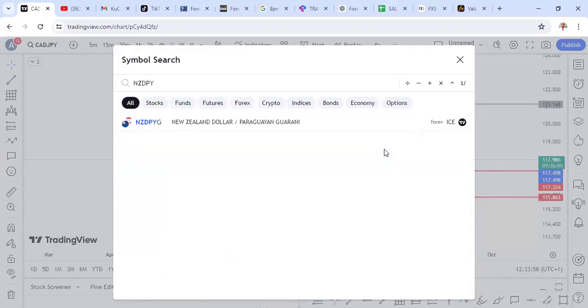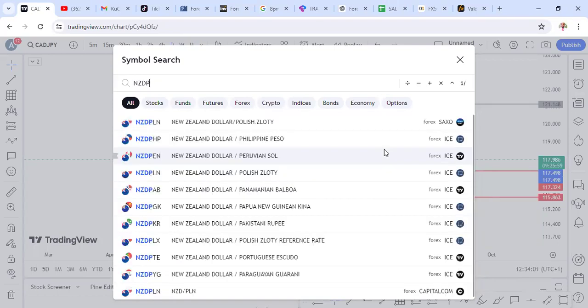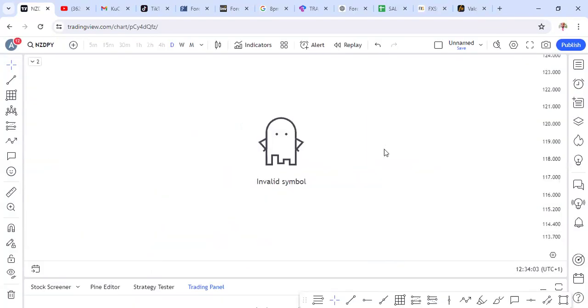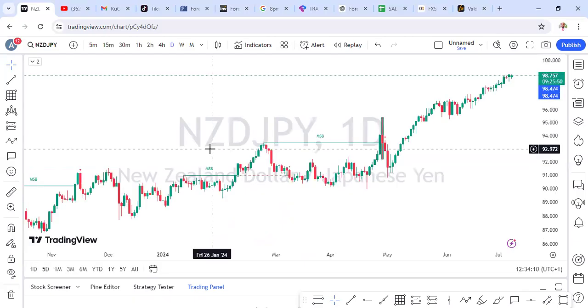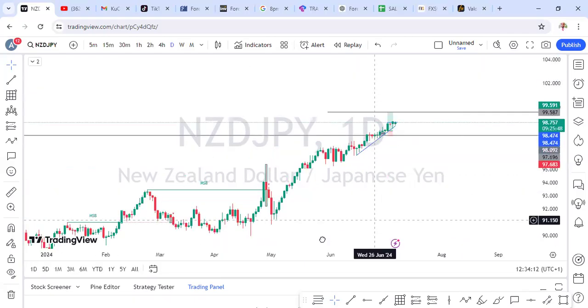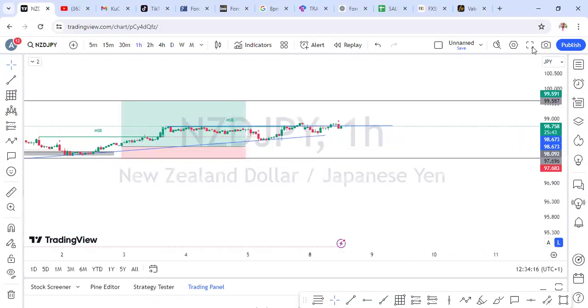Also I'm on this USDJPY. Let me show us from a smaller time frame.